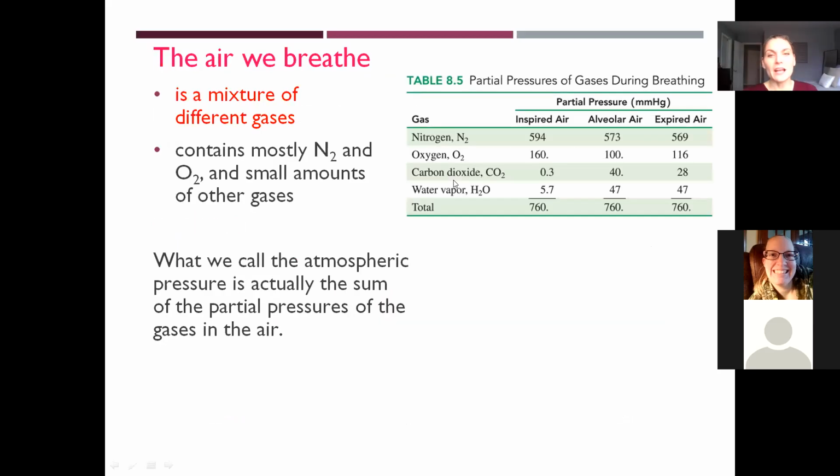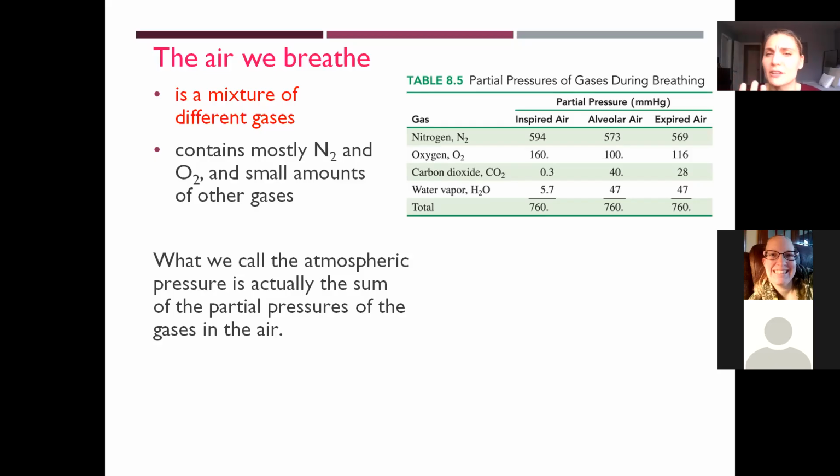So when we think about the air that we breathe, it's kind of interesting. It's mostly nitrogen. It's like 70% nitrogen and I believe 21% oxygen. And the joke is that we actually only utilize like 17% of oxygen. So when we talk about atmospheric pressure, it's actually this sum, this partial pressure of all the gases that we think about in the air.